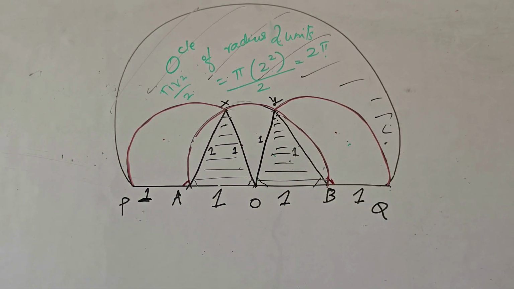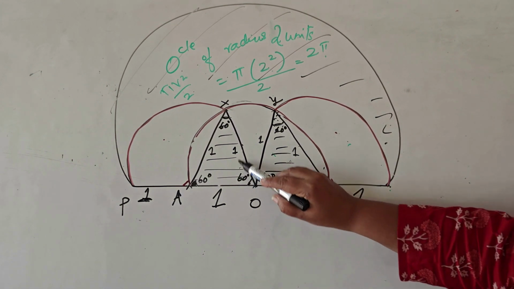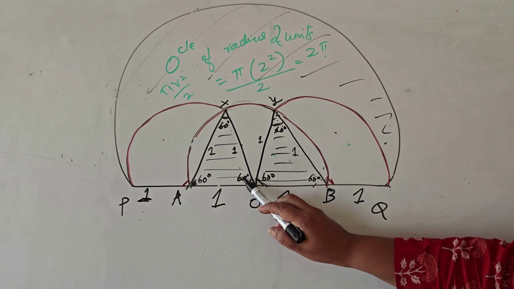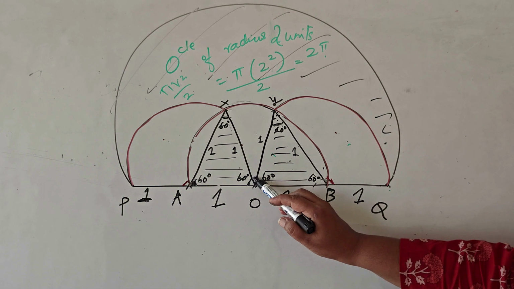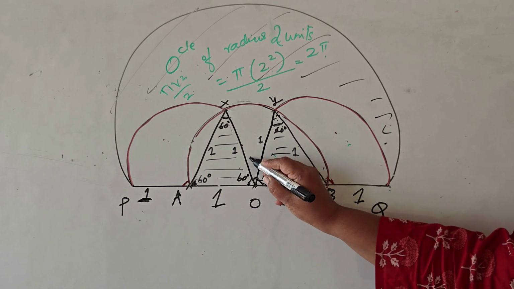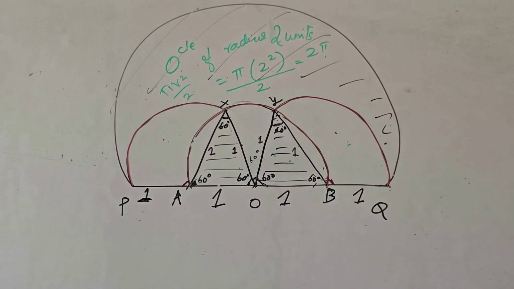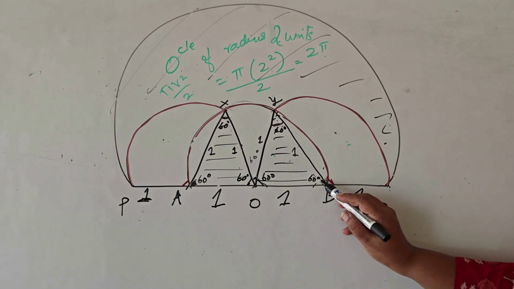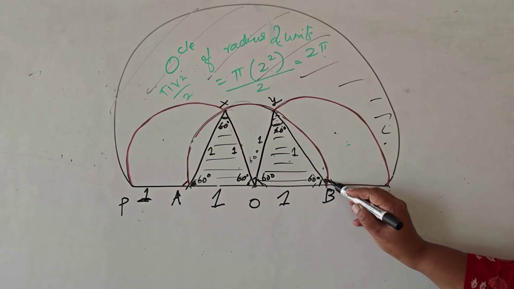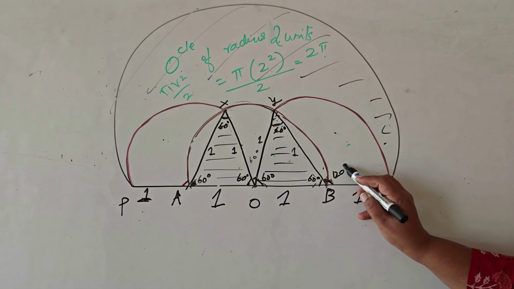So let us mark the angles that we can get from this particular diagram. All the angles are marked as 60 degrees. Now at this particular point, this and this are 60 degrees, so the center angle is also 60 degrees because the sum of angles should be 180. So this angle is also 60 degrees. Now, if this angle in the triangle is 60, what is the complete remaining angle? This is 120.